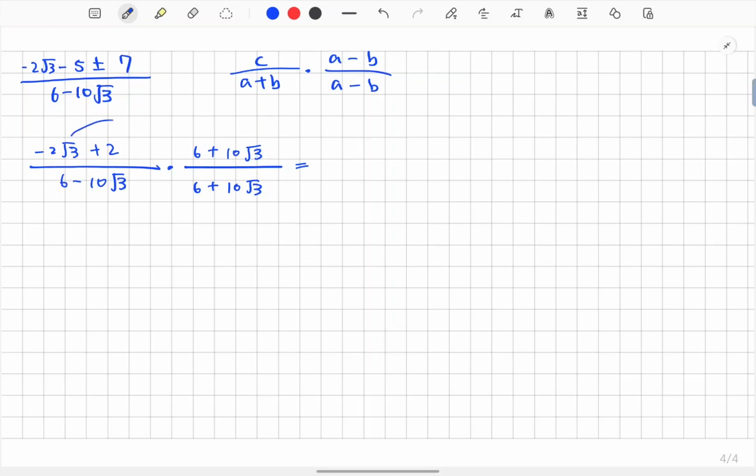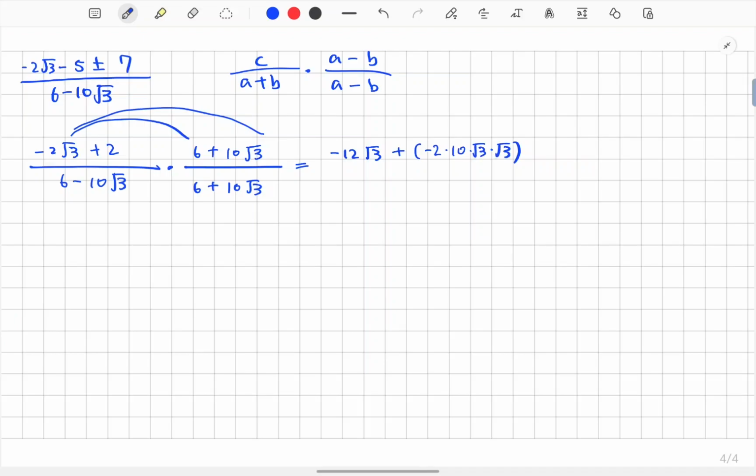On the top, we will do this 2 first. It will be negative 12 root 3. And then we will add the product of negative 2 root 3 and 10 root 3. In this case, we can actually rewrite the order. We can let it become negative 2 times 10 times root of 3 times root of 3.